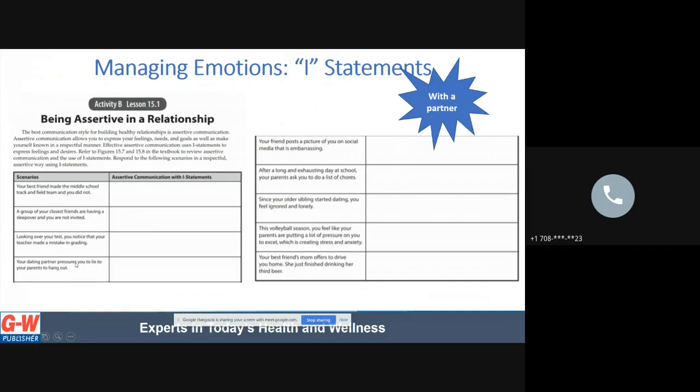Or a dating partner pressures you to lie to your parents to hang out. This volleyball season, you feel like your parents are putting a lot of pressure on you to excel, which is creating stress and anxiety. So I really try to create as many different types of scenarios that put students in situations where they're having to express these I statements to different types of people.